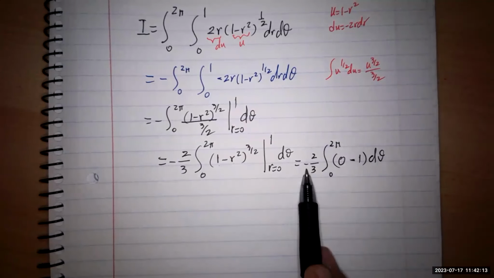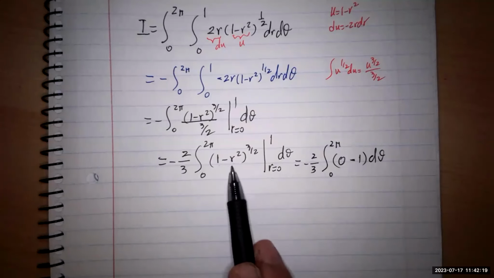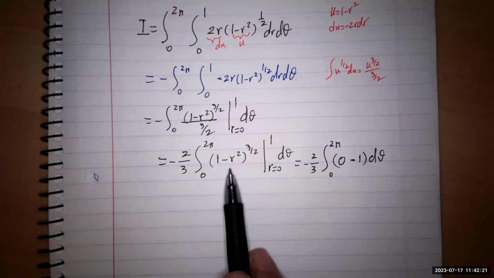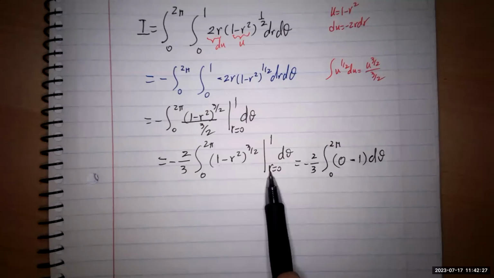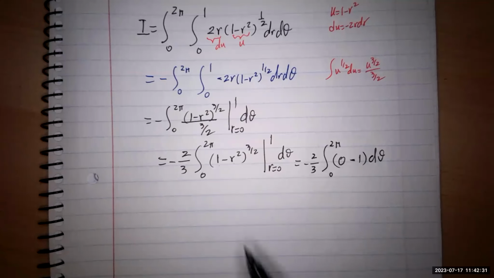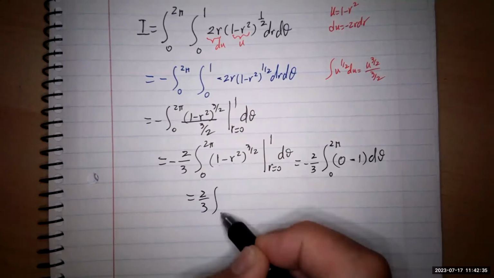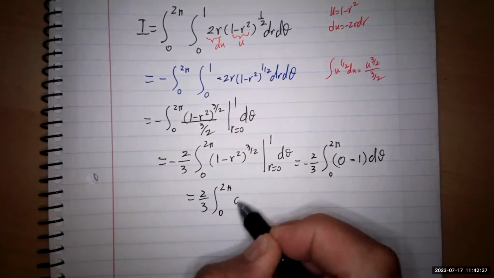This negative would be 0 minus 1, so negative becomes positive. So it's 2/3 times the integral from 0 to 2 pi of d theta.